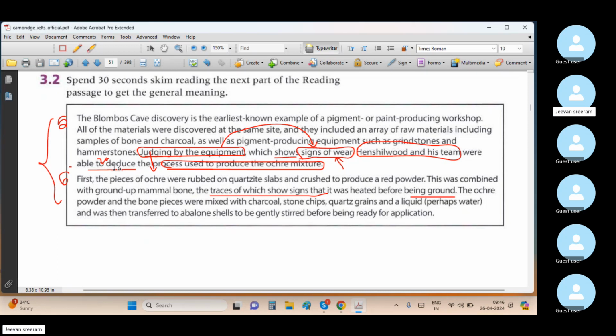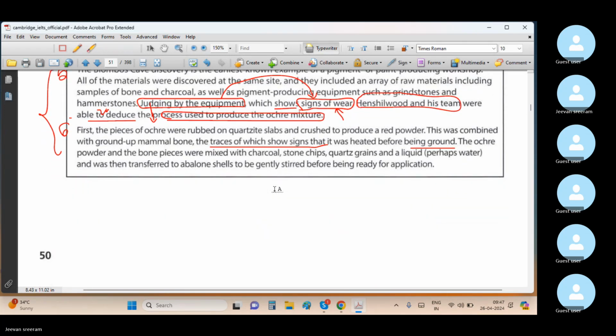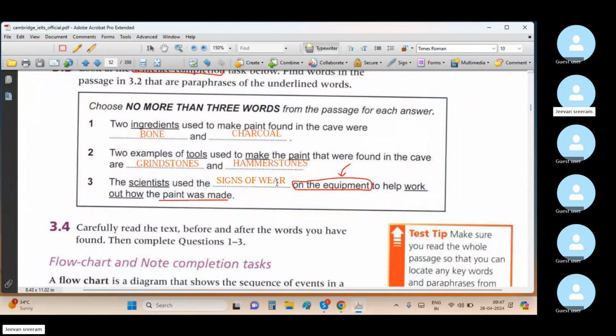How they have produced the ochre mixture was understood by the scientist, making use of signs of wear on the equipment. Okay, is it clear now, Azim? Yes, sir. Right, please check your answers once again.